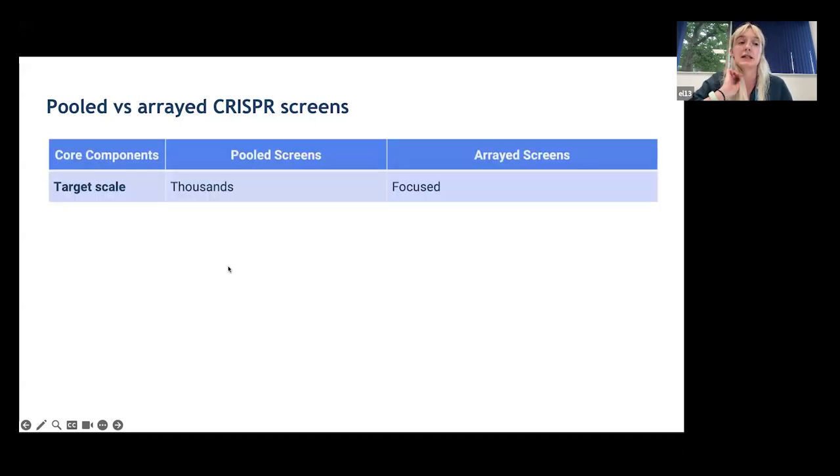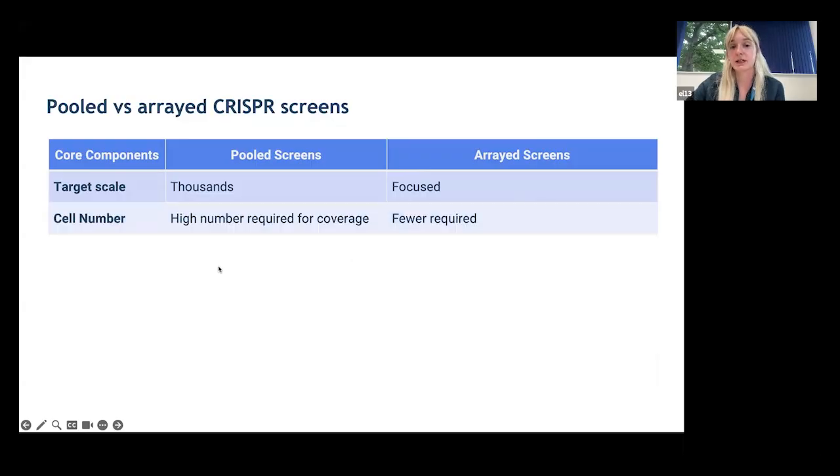So the first is in the scale of targets that you can assess within one of these screens. So for pooled screens, typically you'll be looking at thousands, if not whole genome scale, in terms of your library of guides. Arrayed screens, because they are more complex in their format, you typically want to have a more focused library. So it can be between 10 to 100 candidates.